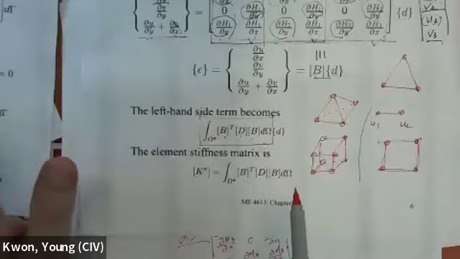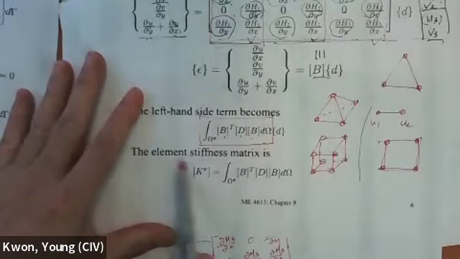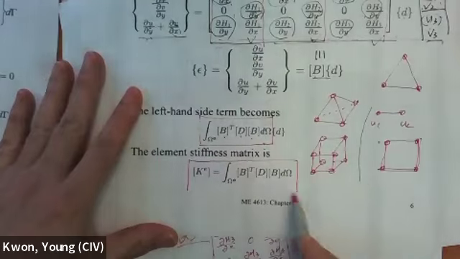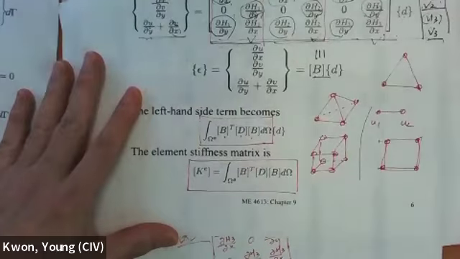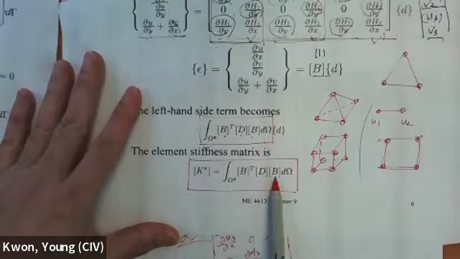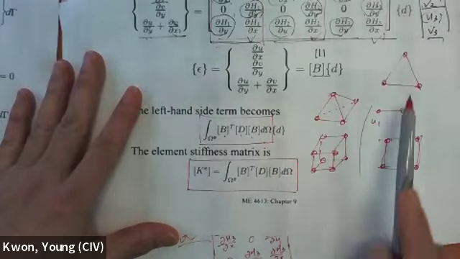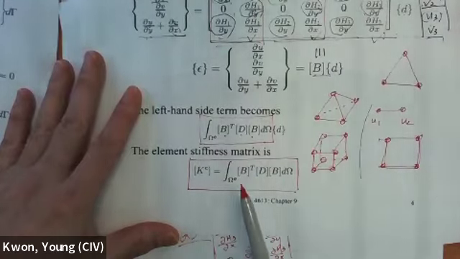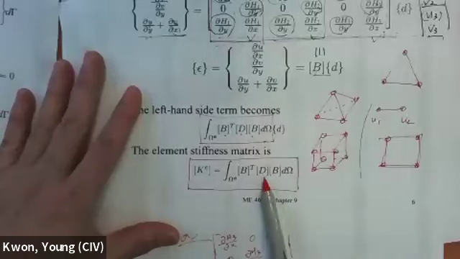Structural mechanics, eventually the same thing, but the element stiffness matrix is going to be expressed always in this expression: B transpose D times B. Whether this is 1D, 2D, 3D, or what kind of finite element you select, doesn't matter. The format is always B transpose times D times B.